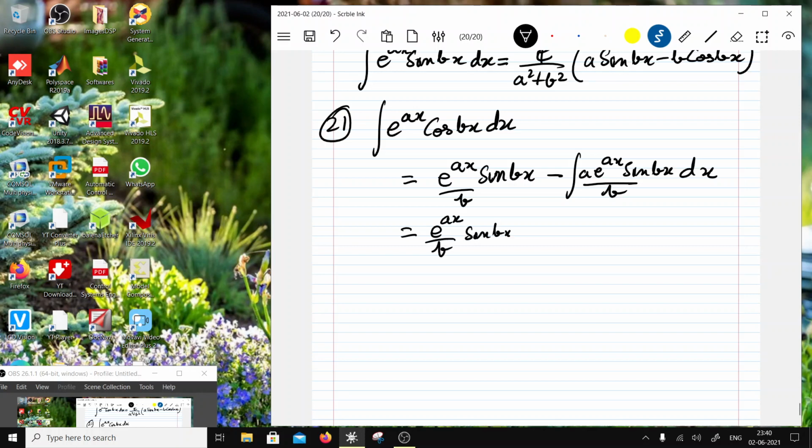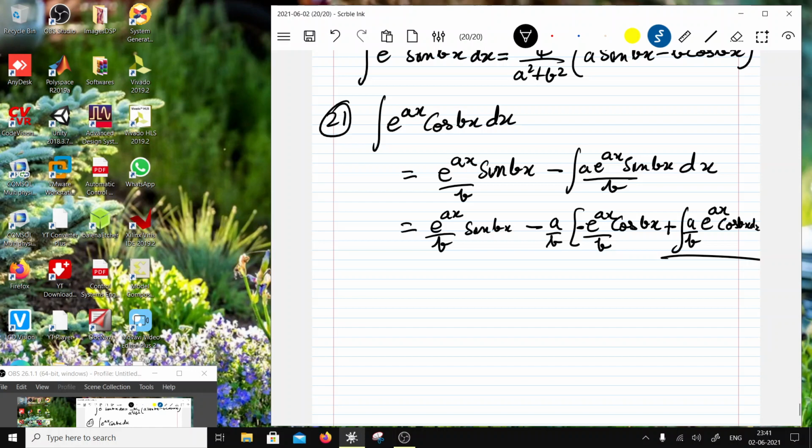Sine of bx. In this case, a by b is common, first term into integral of second term. So this will become minus cos of bx by b, minus integral of derivative of first term, so a by b factor will come, e raised to ax, integral of this, so it will become plus cos of bx dx. Now take this term on the left hand side.